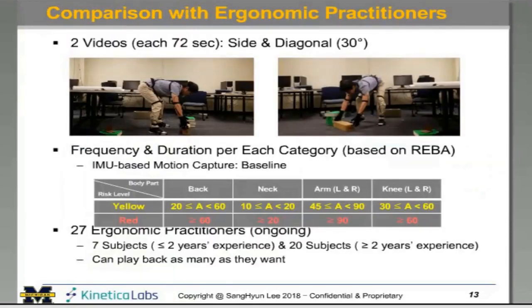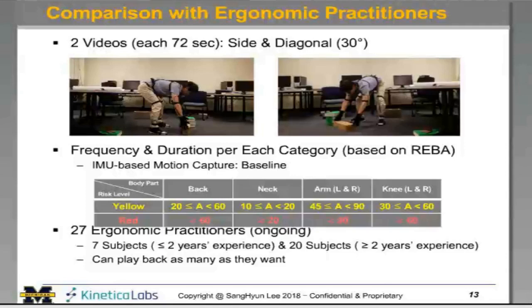So let's see what the accuracy level is compared with ergonomic practitioners. Again, this application is to make sure that we can do basic risk assessment. So our concern at this time is how this technology performs compared with ergonomic practitioners.